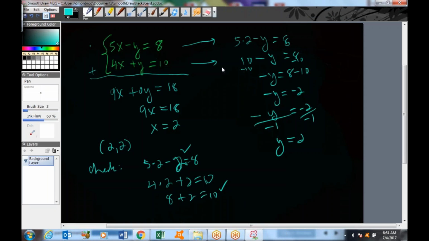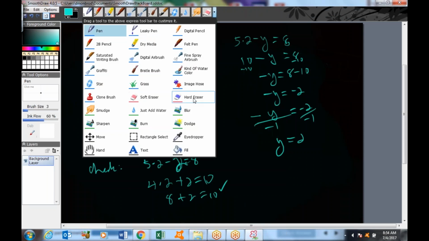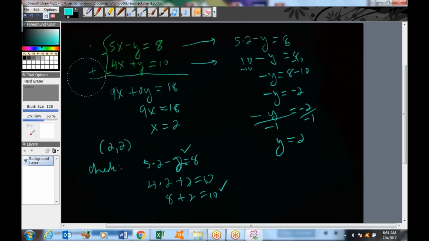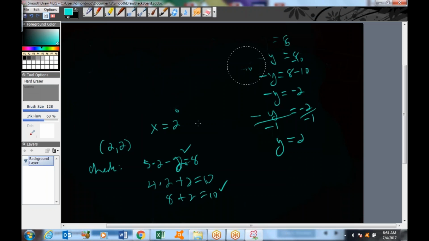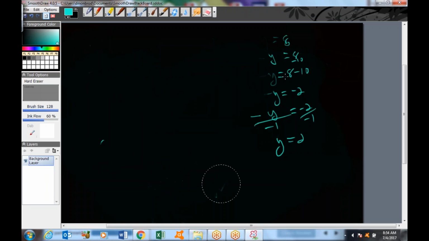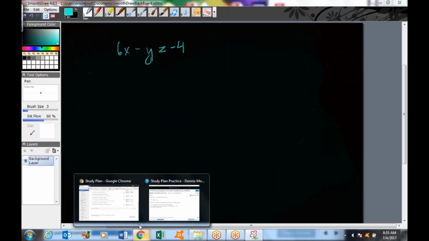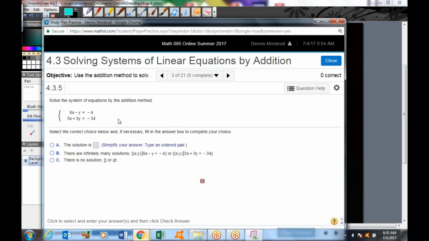So let's get that in here. Okay, that's the first one. 5x plus 3y is negative 34.